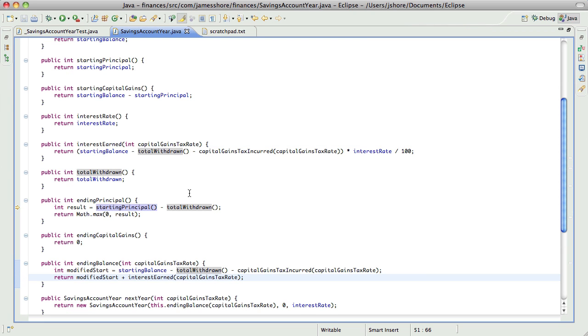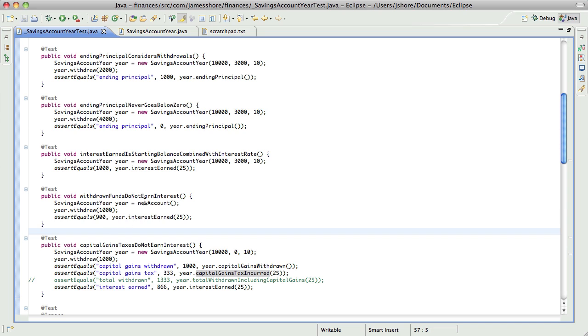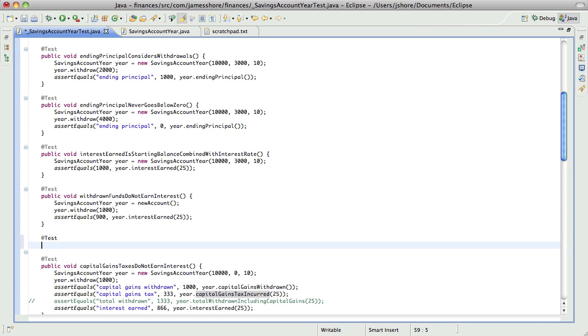But I think our tests have shown us that we really need this function, total withdrawn including capital gains. So let's go ahead and put that in. So public void total withdrawn including capital gains.